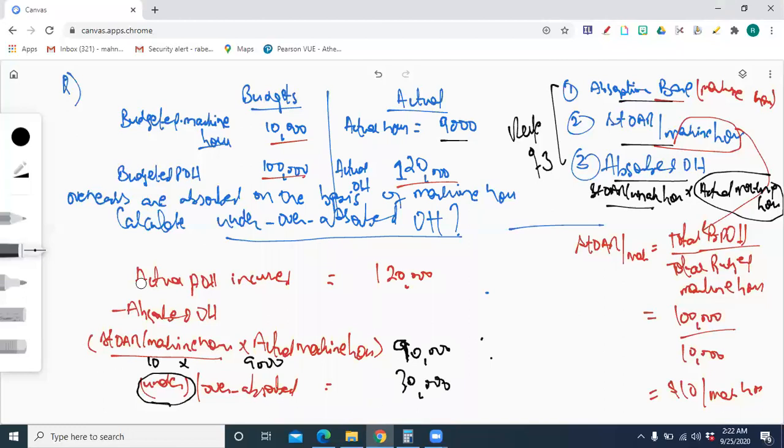Let's make a change to the actual overhead. Now the actual overheads are 50,000, for example. Rest is the same. Now the actual overheads were 50,000, actual machine hours were 9,000. Now calculate under or over absorbed. Is it under or over? Now it's over absorbed.